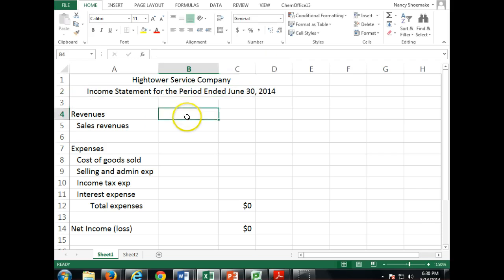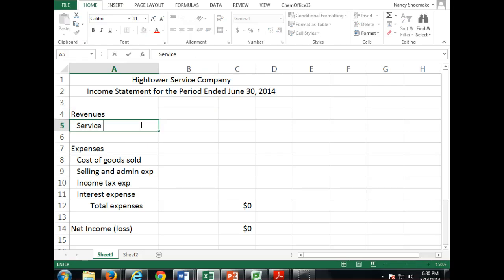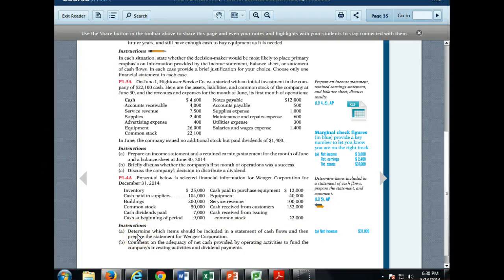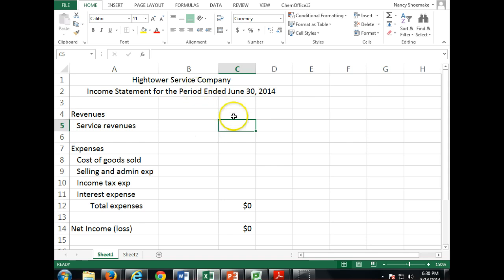Okay, any revenues? What do you guys see there? Service revenues here of $7,500. So we'll show that as our income.